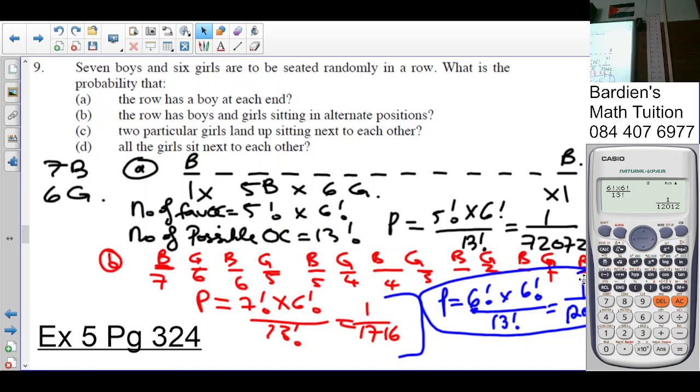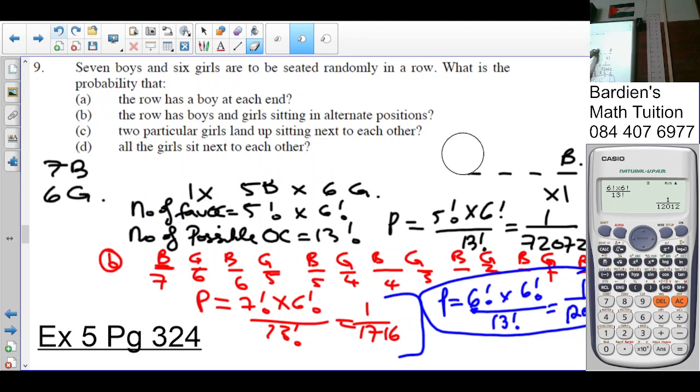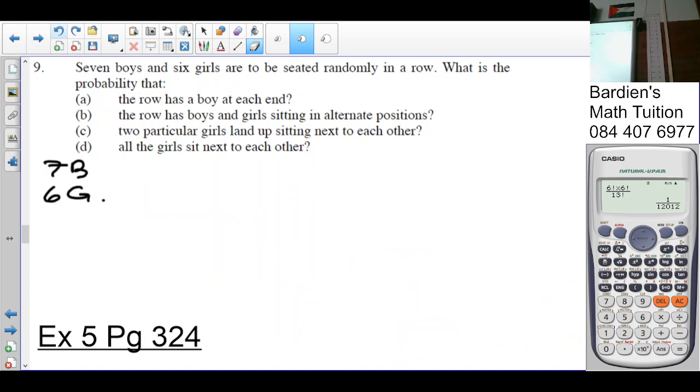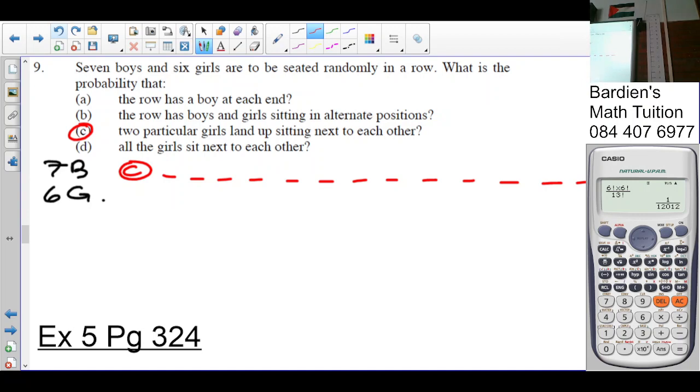Then we have a scenario in C, where 2 particular girls end up sitting next to each other. So 1, 2, 3, 4, 5, 6, 7, up to 13. The 2 girls sitting next to each other can sit in 2 factorial ways.